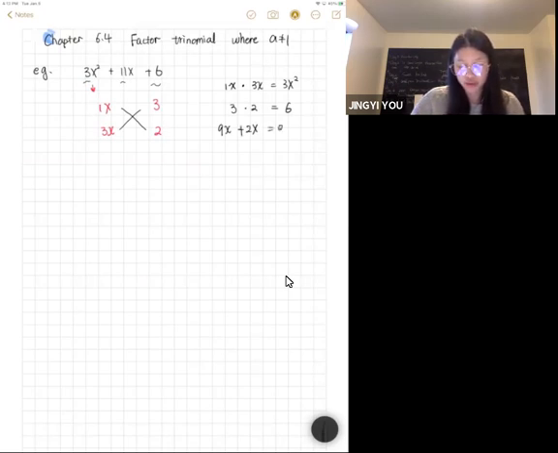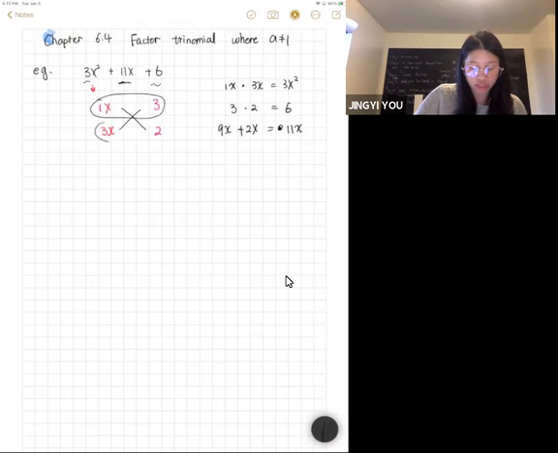If it equals the second term, which is 11x, that means this combination is something that we're looking for: 1x, 3, 3x, and 2. When you write it, you combine these two together and group these together. So when you factor, it equals x plus 3, and then 3x plus 2.